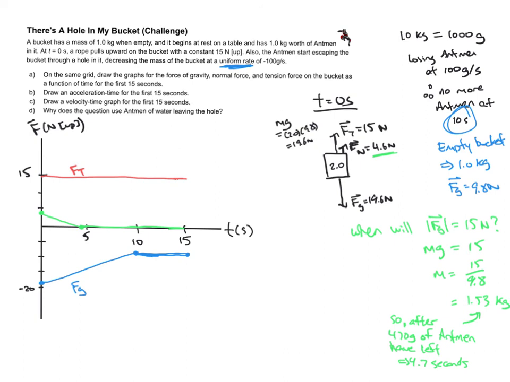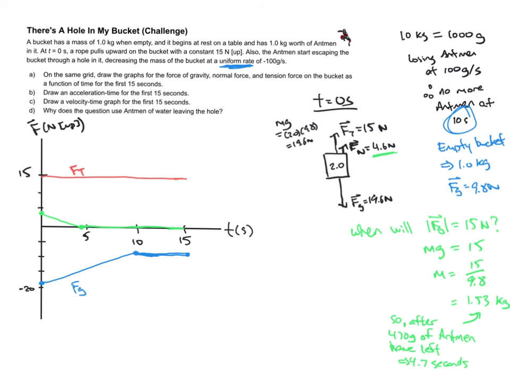But I will talk a little bit about part D. Why are we using Ant-Man leaving the bucket instead of like water coming out of the bucket, which may seem more natural? But the problem with water is that if water is trying to force its way through a hole, maybe at the bottom of the bucket, it will actually not leave at a uniform rate.